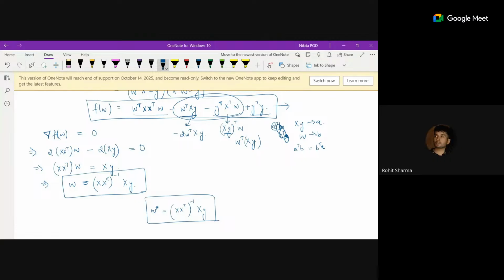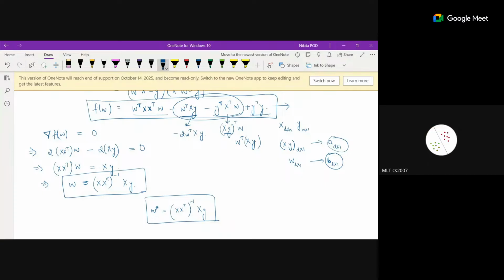How, ma'am? That's when we get a scalar, right? Where is your X? X is T cross N. Where is your Y? N cross 1. So XY is D cross 1, so it is a vector. Call it vector A, in D cross 1. Then W is D cross 1, which I call B. This is one vector, and this is another vector.